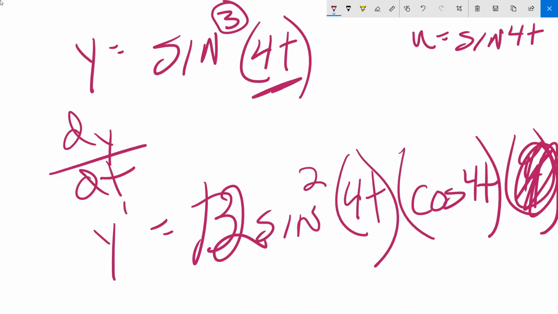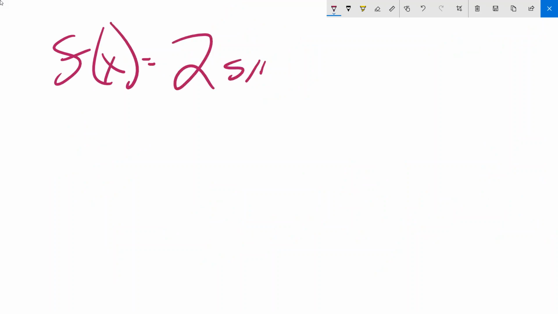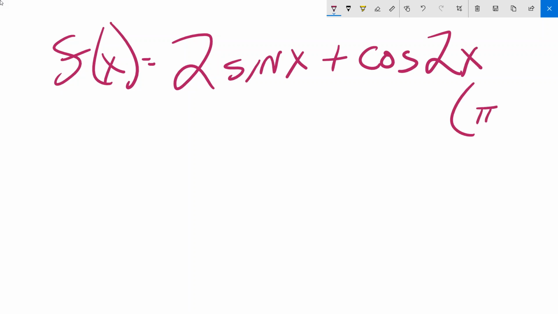Now, a good place to talk about near the end. We'll get to our first problem: they want the equation of the tangent line of this graph at the point pi comma 1.